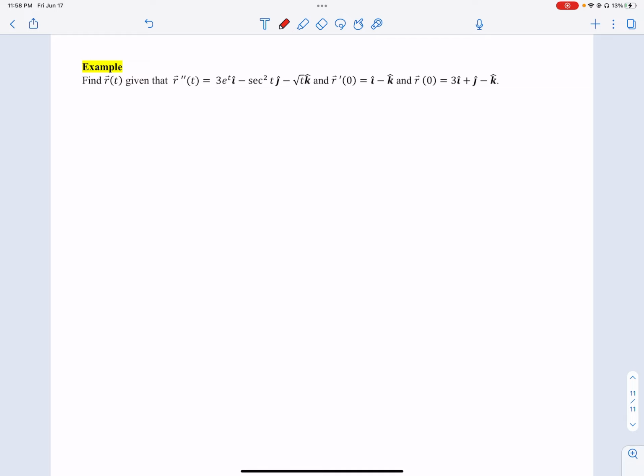We can extend this even further. We can start with our second derivative and work our way back twice, given that our IVP has enough initial conditions. As long as I have initial condition for the r prime and my function itself, then I can actually run integration through this. All right, so if I wanted to find r prime of t, this would be the integral of r double prime of t dt.